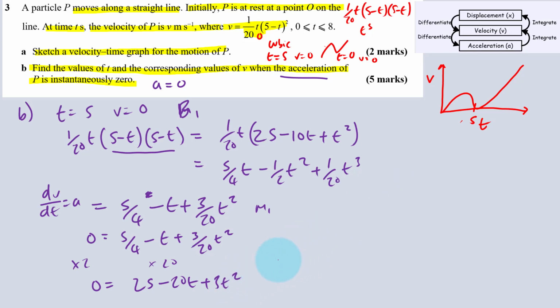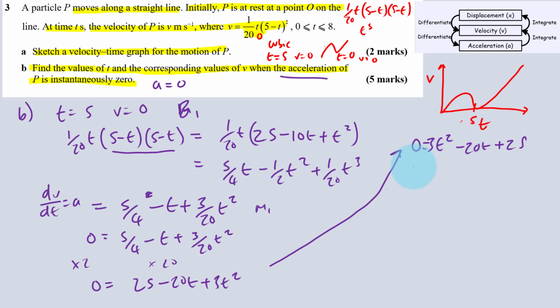Now I'm going to write this like this: 3t squared minus 20t plus 25, and you can just use a quadratic formula.